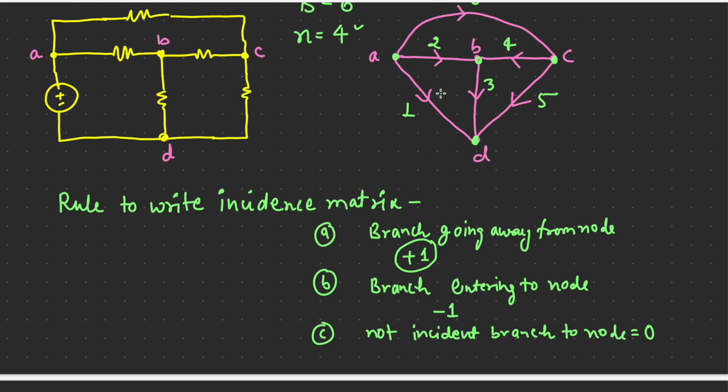And if that branch is incoming to the node, it should be written as minus 1. And if that branch is not connected with the node, it should be taken as 0. So we have three values. Either we will be writing plus 1, minus 1, or 0 for a given condition.